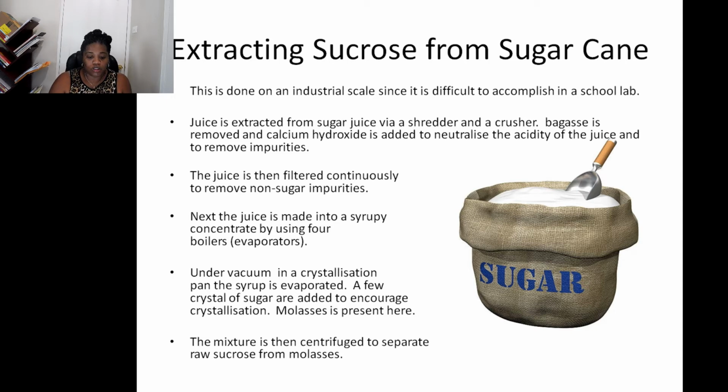Next, the juice is made into a syrupy concentrate by using 4 boilers or evaporators. Under vacuum, in a crystallization pan, the syrup is evaporated. A few crystals of sugar are added to encourage crystallization. Molasses is present here. The mixture is then centrifuged to separate raw sucrose from molasses.